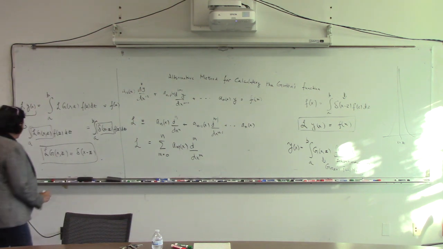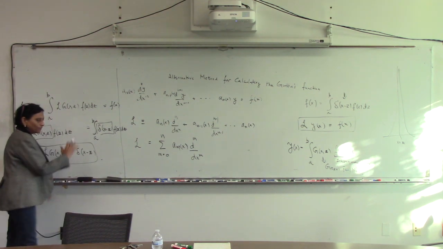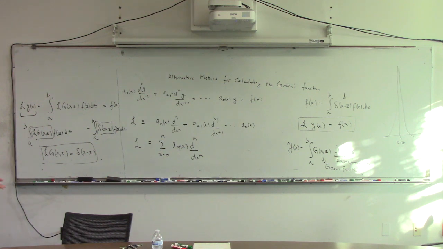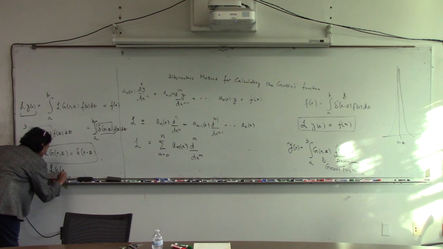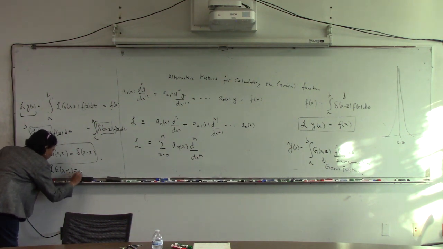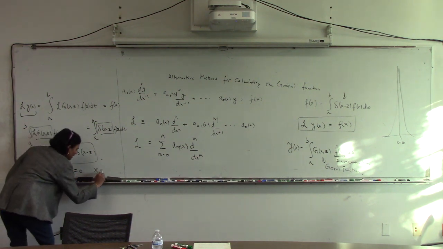So what can we say about how it behaves for x not equal to z and x equal to z? For x not equal to z, it is 0. So L operating on the Green's function is 0 for x not equal to z.